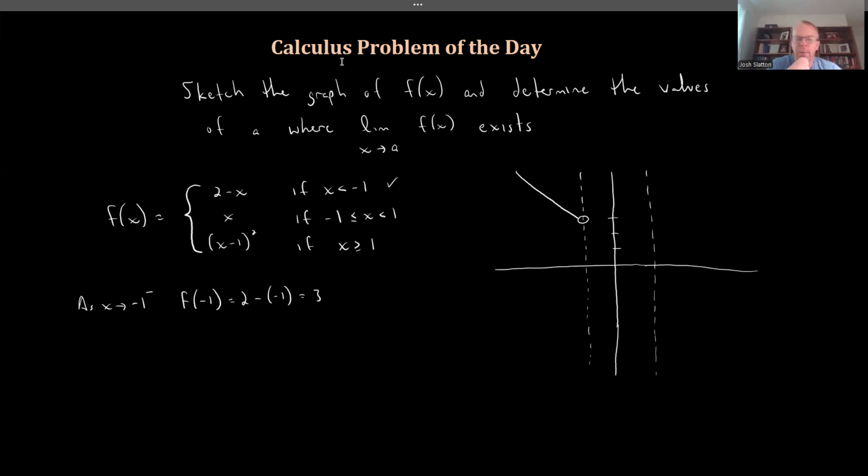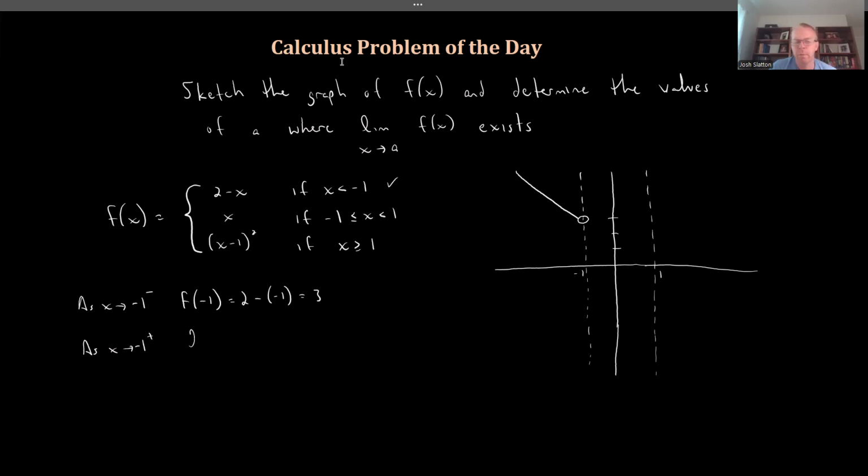Then we have f of x equals x whenever x is between -1 and 1. So if we do this exercise again, as x approaches -1 from the right, we need to think about coming in from this direction towards -1.